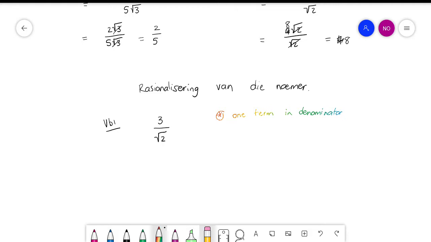We only care about the denominator. It can be irrational in the numerator, just not in the denominator. Okay.